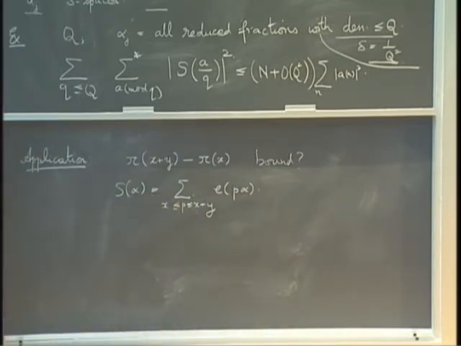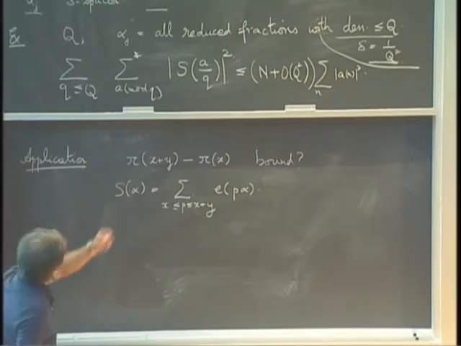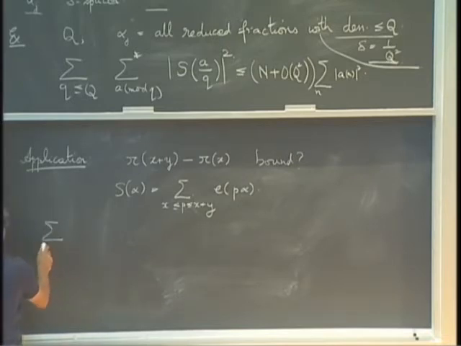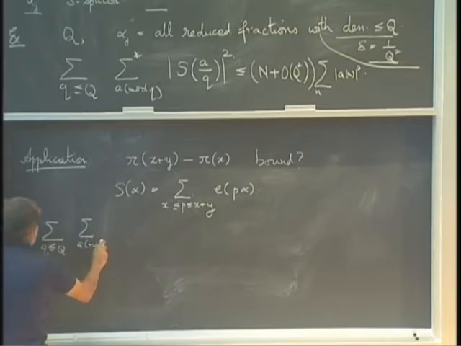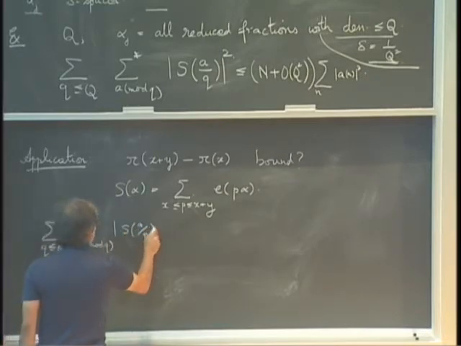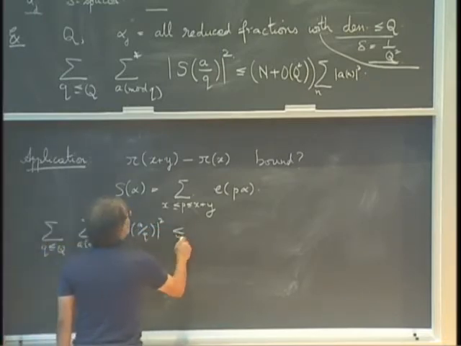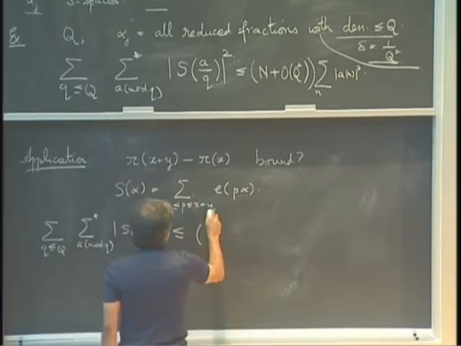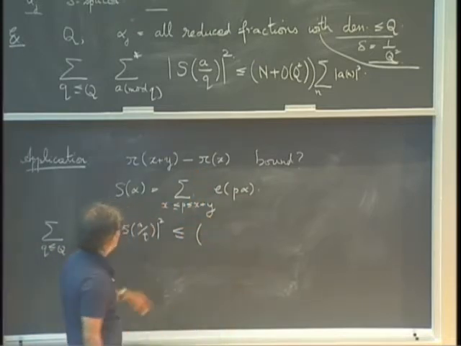Okay. And then the large sieve is telling me some bound that this sum over q up to some size capital Q, then the sum over a coprime to q, of |S(a/q)| squared, is bounded by, so N is played by y.